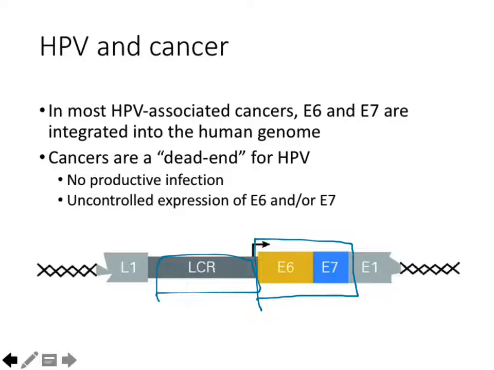Now, there's always a possibility that you have a subset of cells in which this integration has occurred, and if the infection isn't being treated, then you might still have some cells that are producing viral particles. But at this point, these cells that have the integrated genome would not be able to transmit it.